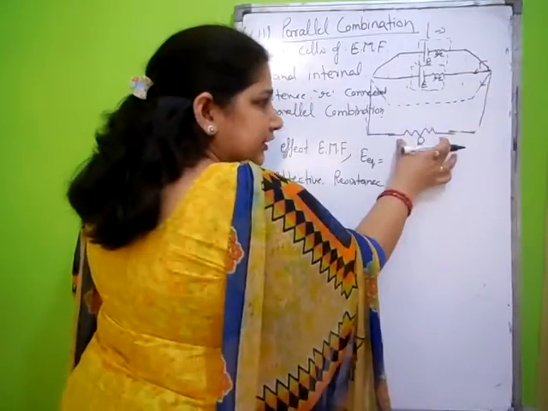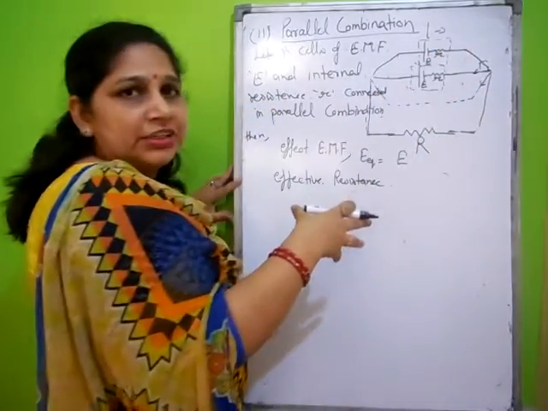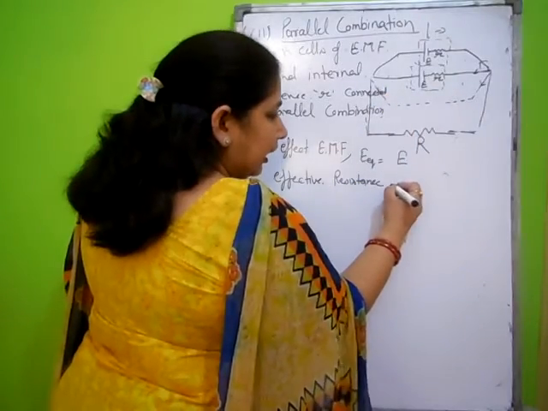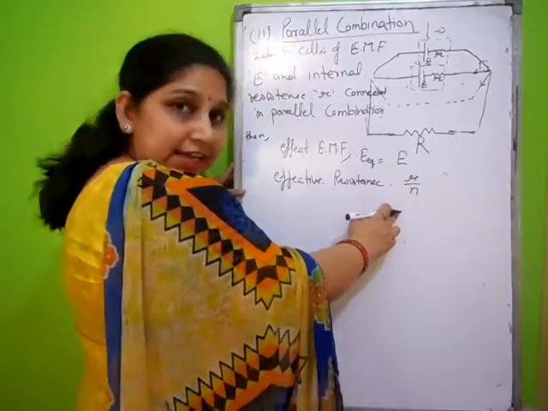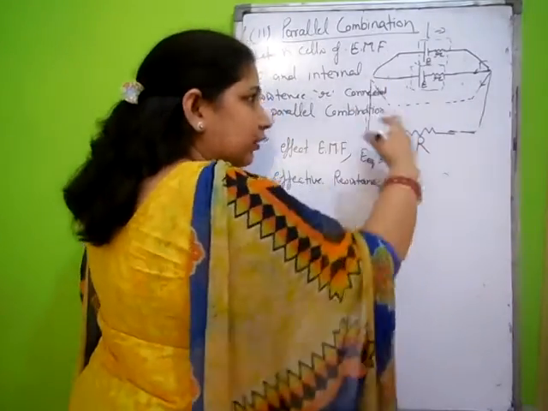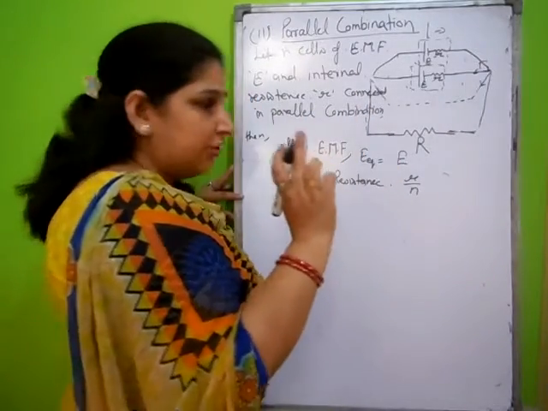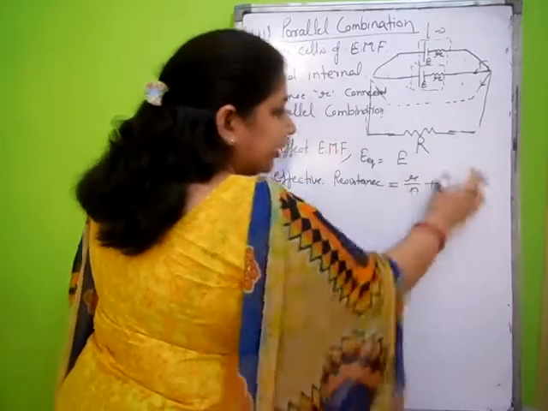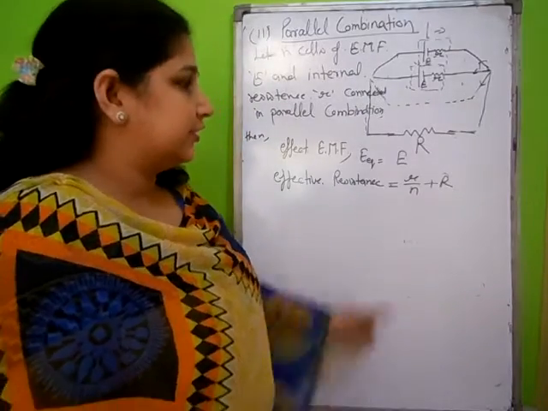It means this is a series combination with this parallel combination. As it is divided into N parts, the equivalent resistance of the n cells will be r/n, and this combination of cells is in series with R. Then we will write here capital R. This is the effective resistance of the parallel combination of cells with external resistance R.